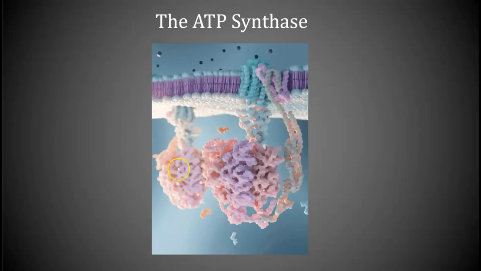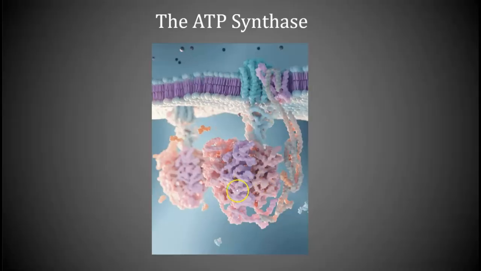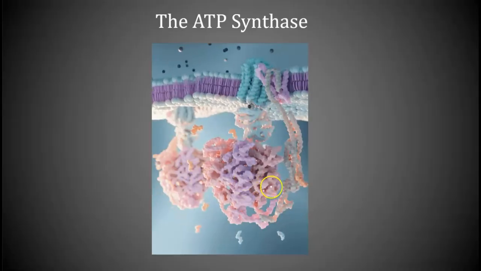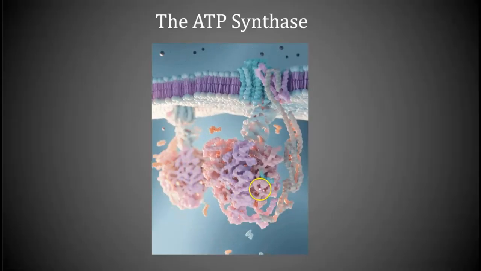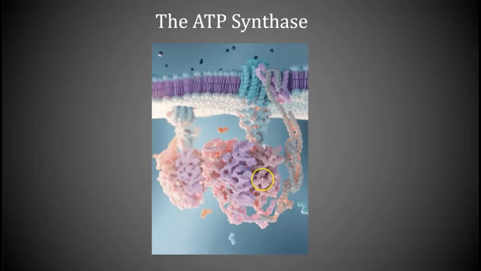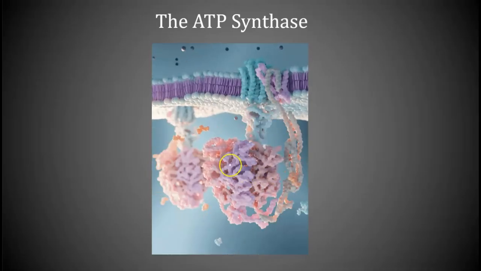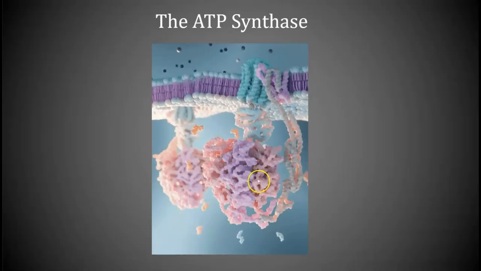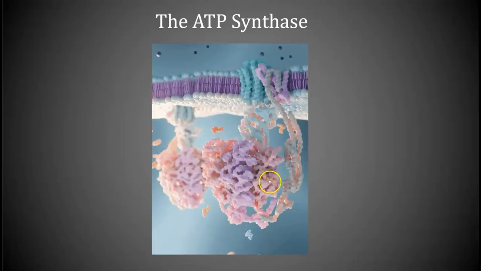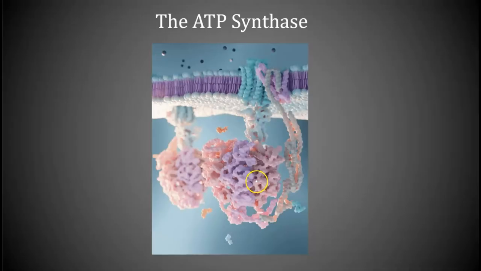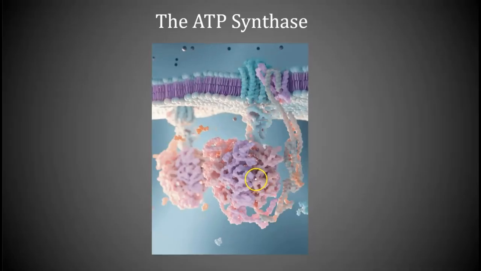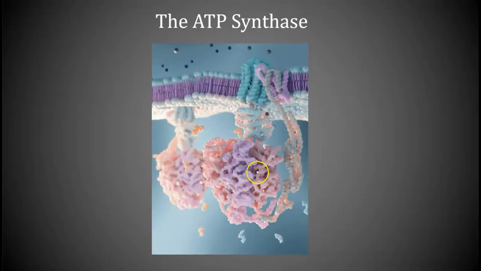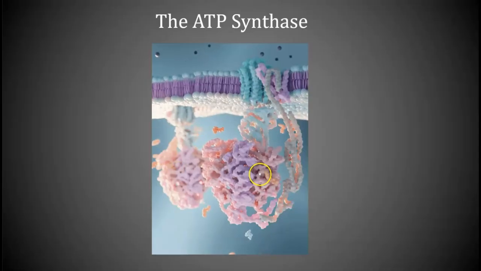That is a single inorganic phosphate, and that will attach to the ADP through a high energy bond to form ATP. So this cellular machine here is forcing the phosphate and the ADP together, even though they don't want to have anything to do with one another. And in it, it will store an immense amount of energy that can be used to go do work.